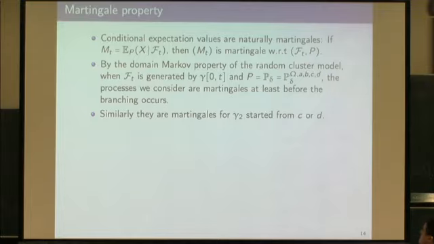But this we can formulate in the same form of probability measure. So these are now martingales at least up to this branching times, and we could also view them as martingales if we grow from C or from D.